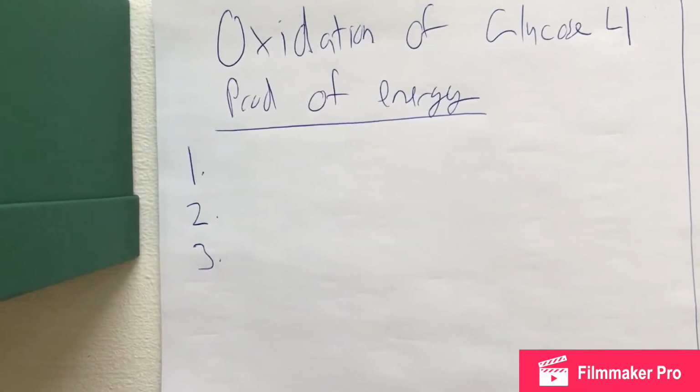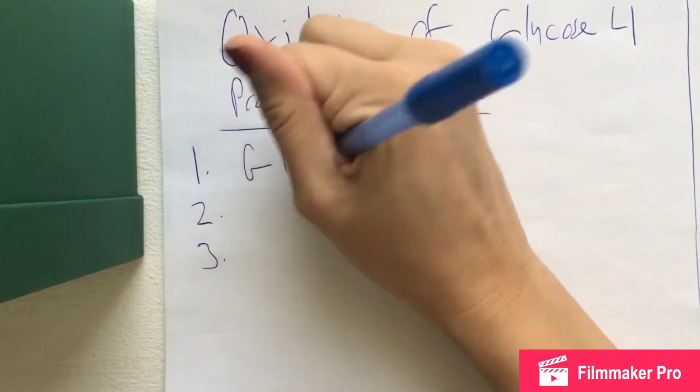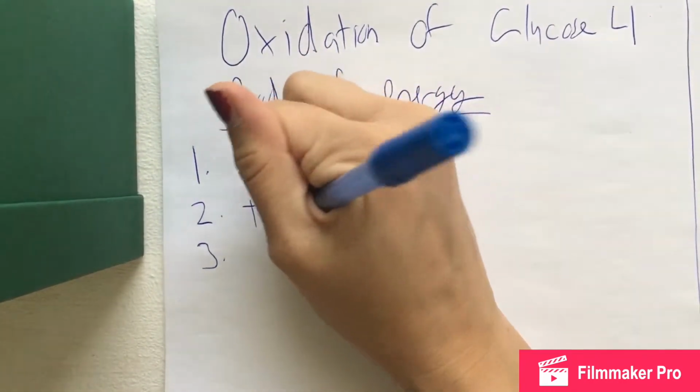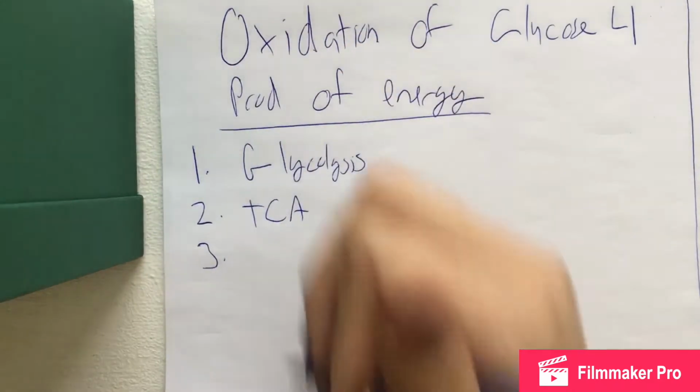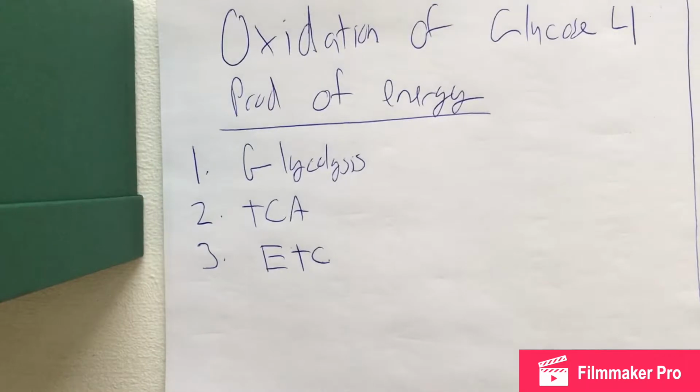So the oxidation of glucose for the production of energy is 3 processes: 1, glycolysis, 2, the TCA cycle, and 3, the electron transport chain.